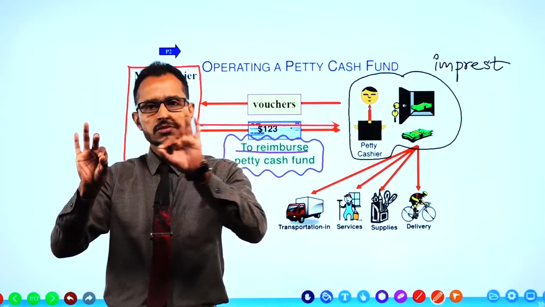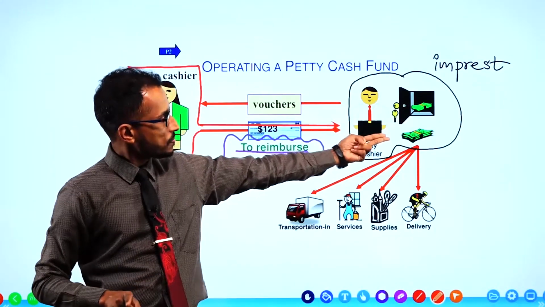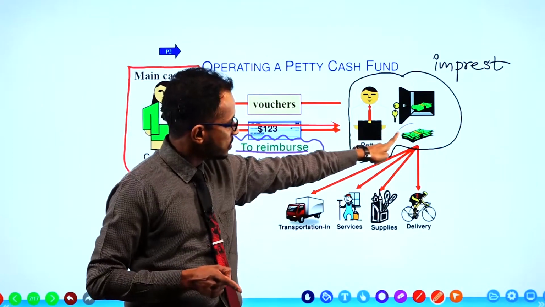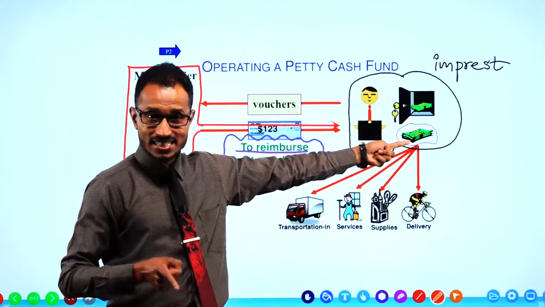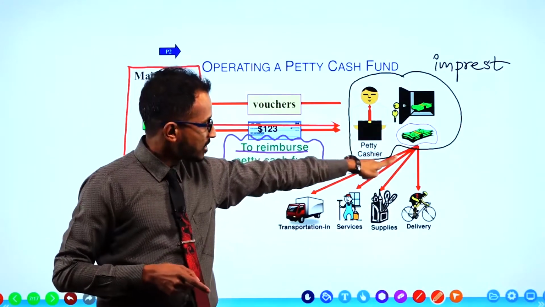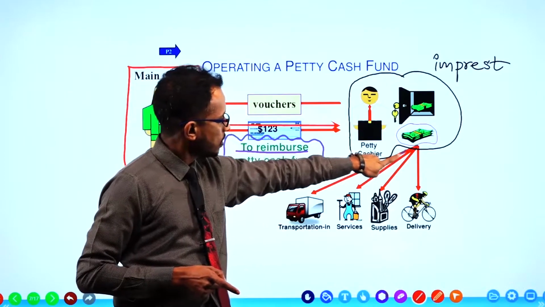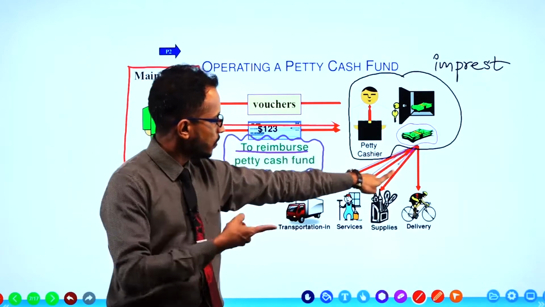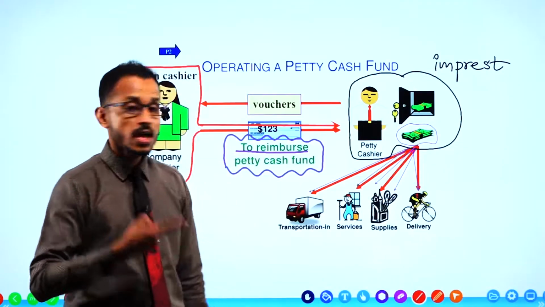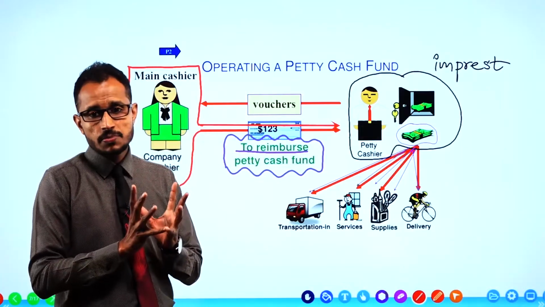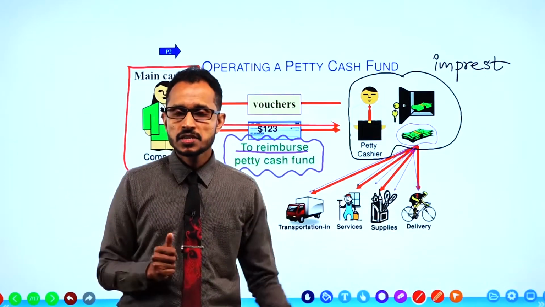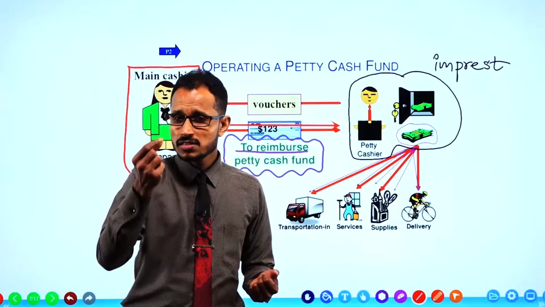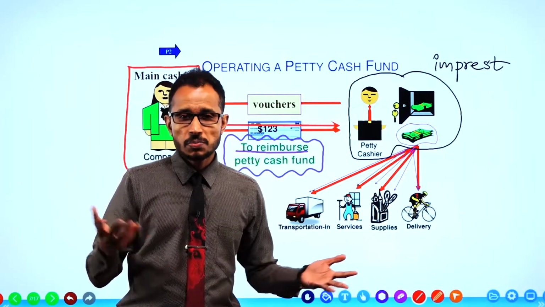During a month, when the petty cashier spends the money in his imprest for petty cash expenses, he sometimes finishes the entire imprest at the end of the month, or he could have a certain balance in the petty cash imprest which is not spent.